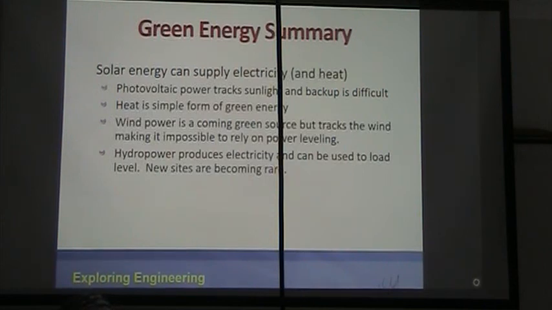Unlike our hydroelectric dams, we can't just pump water back upstream so that now we're ready for the next day. For a small solar installation, you could save power in batteries, but for these huge solar power installations, that hasn't been figured out yet.